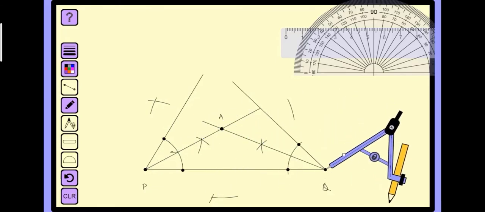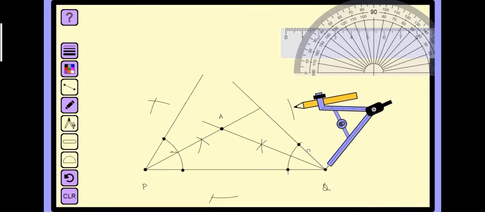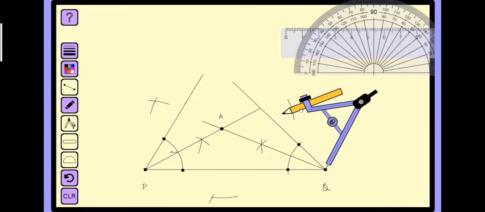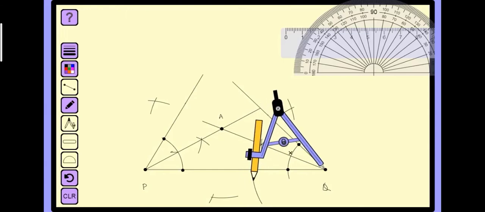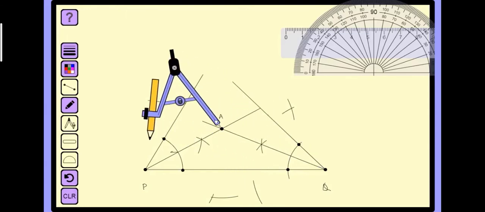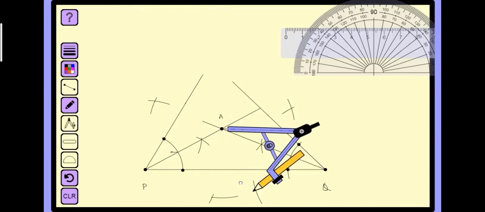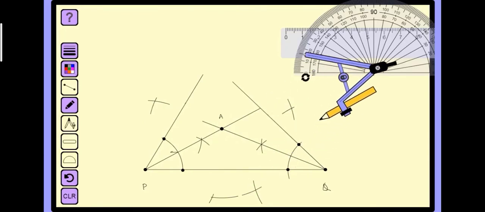Okay. Then from point Q, from point A now, what are we doing? We are drawing a perpendicular bisector of AP and AQ by simply taking more than half the distance of AP and AQ.